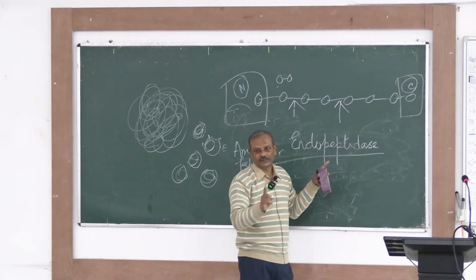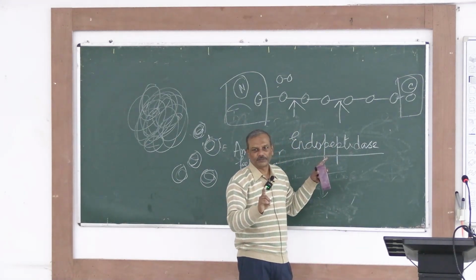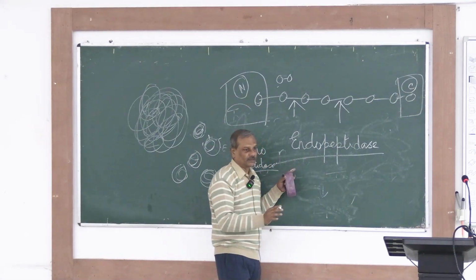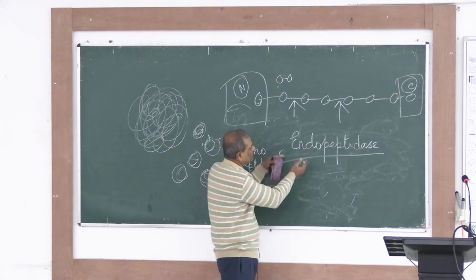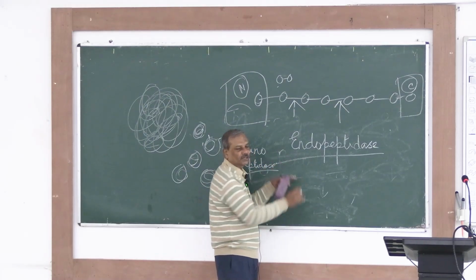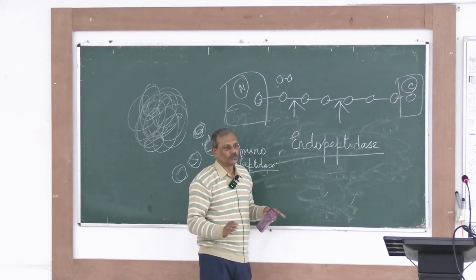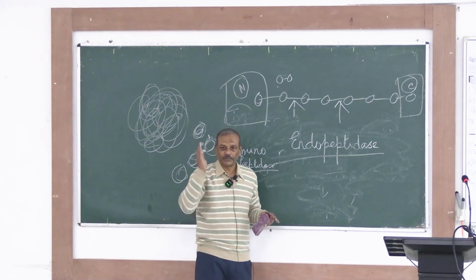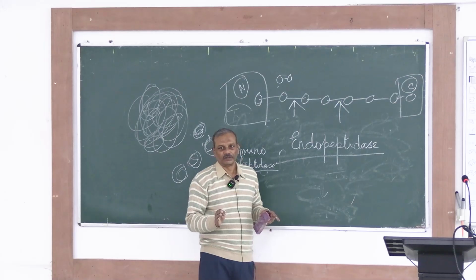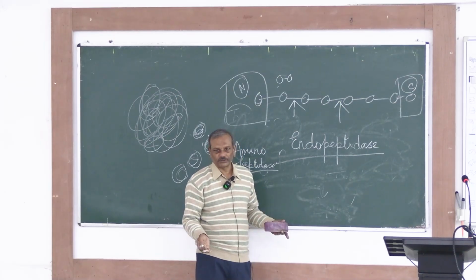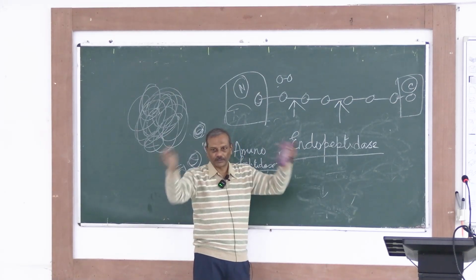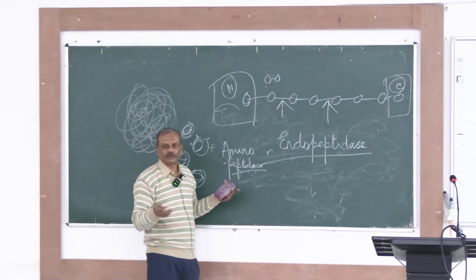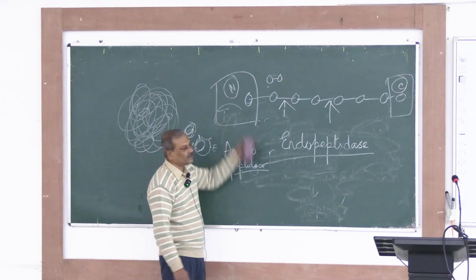So, aminopeptidases and carboxypeptidases are the exopeptidases. But all other enzymes mostly belong to the category of endopeptidases because they cleave the internal bond, like pepsin, trypsin, chymotrypsin, elastase. They are peptidases, and they are called proteases also. As I told you, if it is a large fragment, it is called a protease in a loosely used term, and a peptidase also.